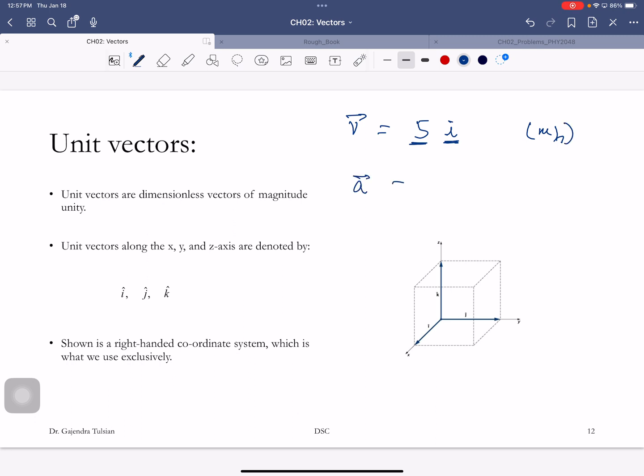If this were an acceleration, the 5 would have the dimensions of meters per second squared. So we use the same i, j, and k for different physical quantities. It's the components that have the dimensions. That's why we use dimensionless unit vectors. Did you guys understand that?